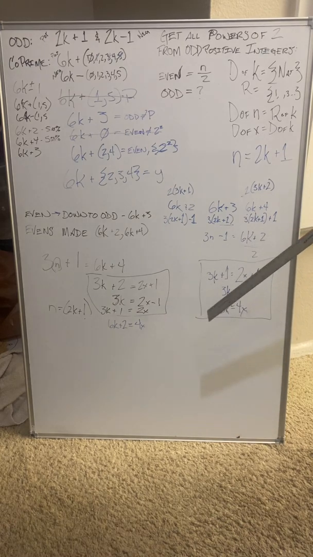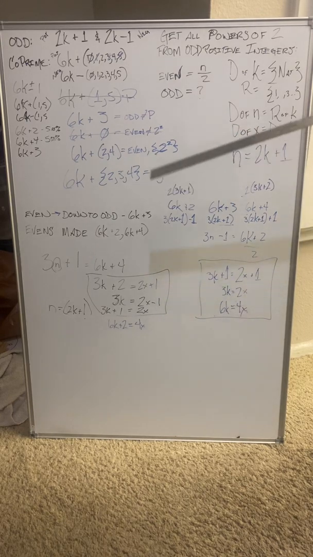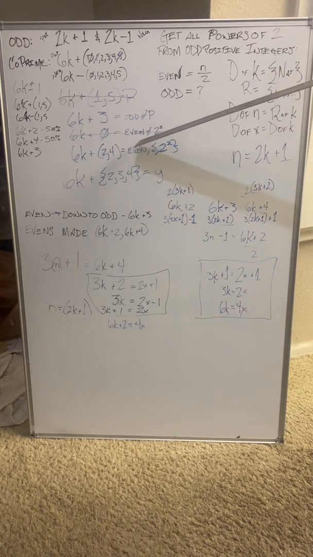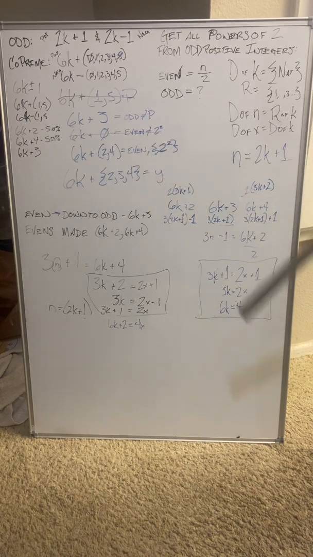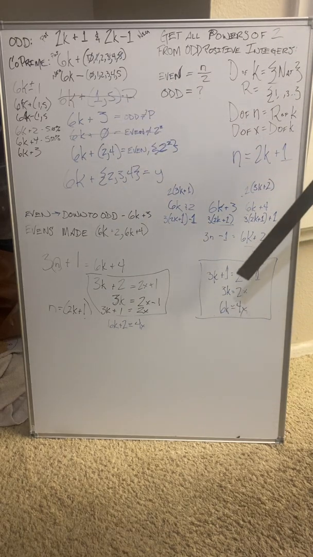But you get a pretty significant limit. What you get is something of the form 6k. Well, we know that's never going to have a power of 2. Anything that's also divisible by 3 is never going to have it. We get something of the form 6k plus 0. So that one isn't going to work.